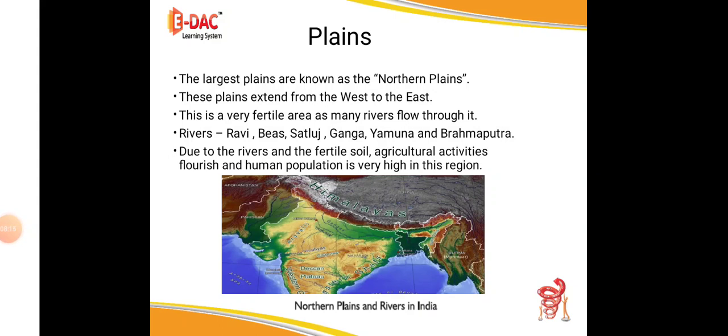Plains. The largest plains are known as the northern plains. These plains extend from the west to the east, as you can see in the map. This is a very fertile area as many rivers flow through it, such as Ravi, Vyas, Satluj, Ganga, Yamuna, and Brahmaputra.